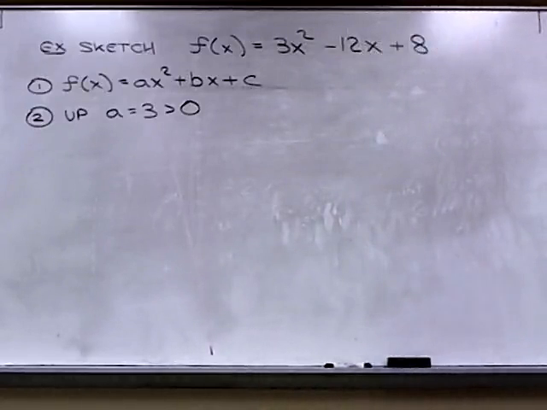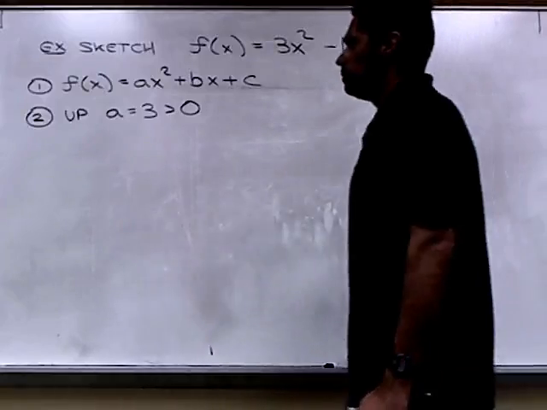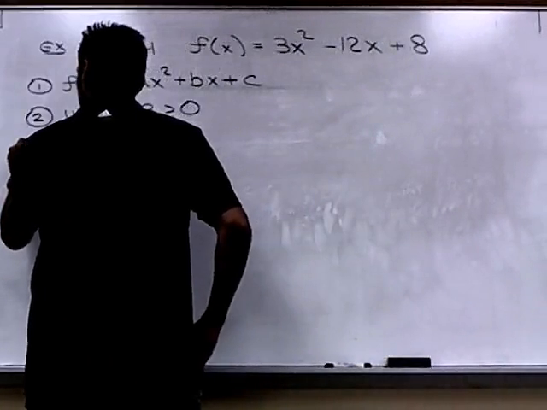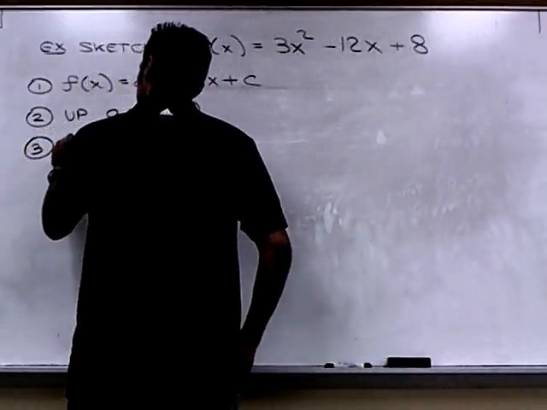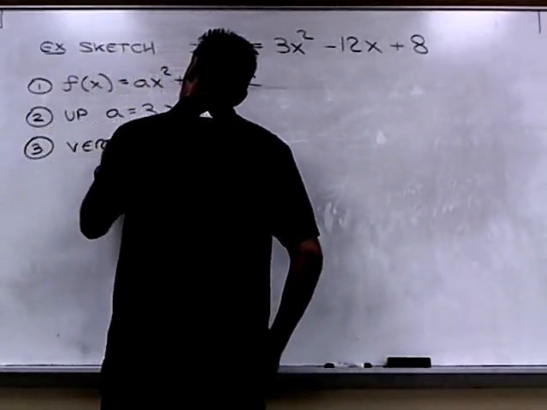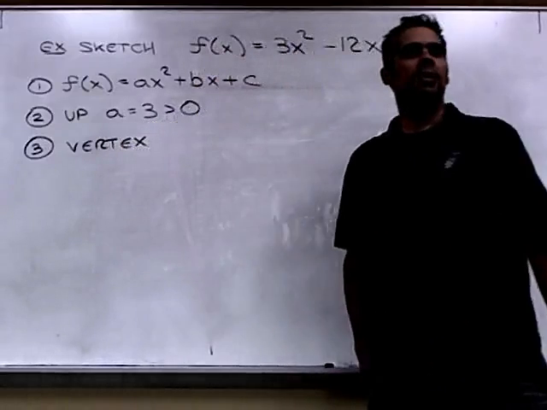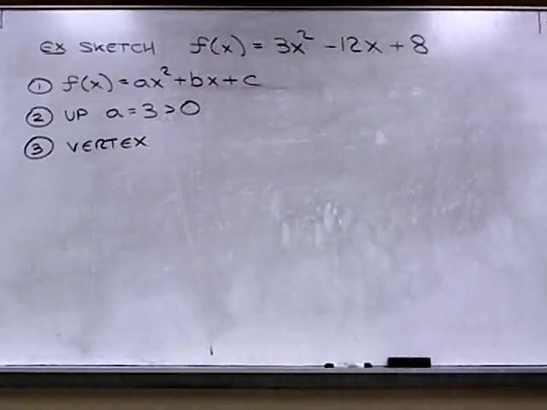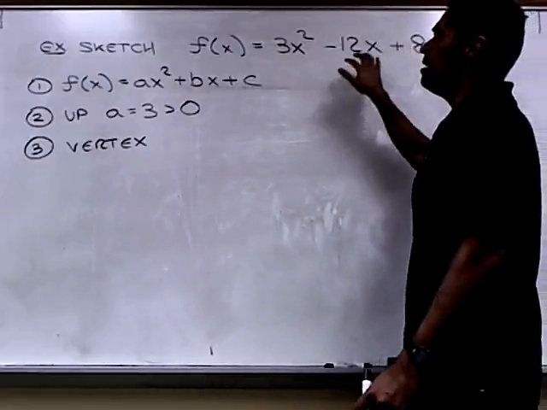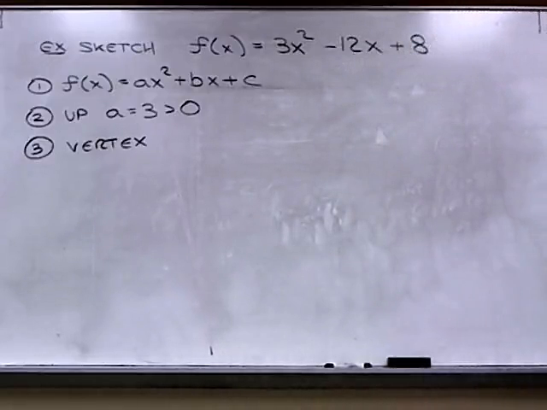What's our third step? Vertex, right? So our third step. How do we find the vertex if we're given a quadratic function in this form? We don't have h, k just sitting there staring at us, right?